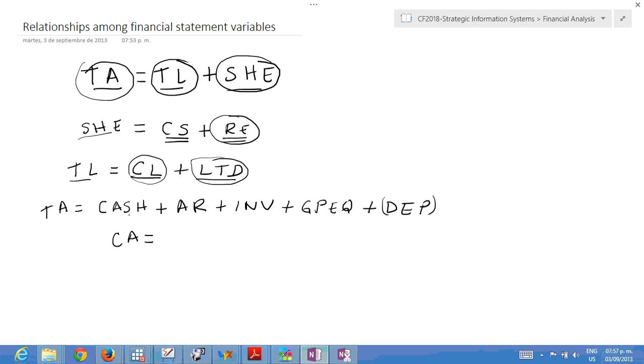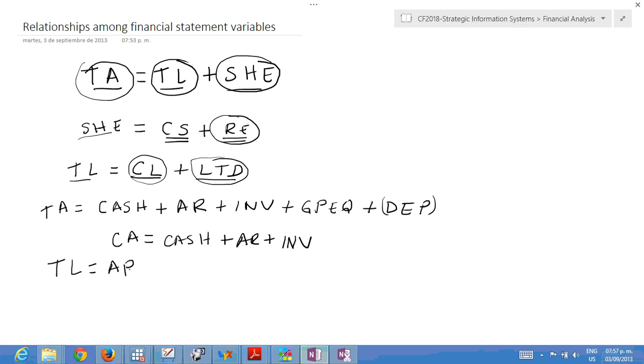Then current assets are a piece of this: cash plus accounts receivable plus inventory. And for total liabilities, we can say it's accounts payable, which is the short-term debt we have with our suppliers.